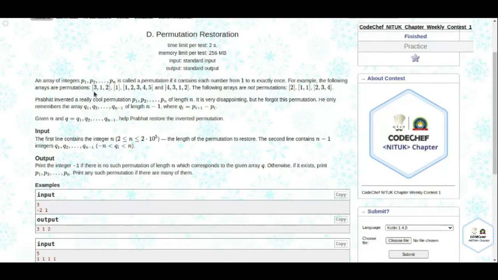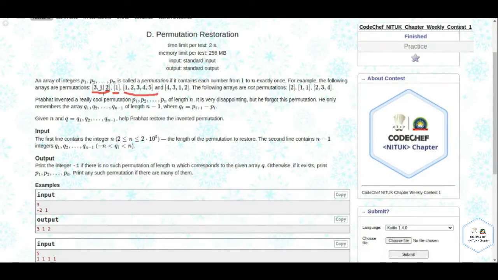So here is 3 1 2. The length of the array is 3, so the numbers should lie between 1 to 3, and here are 1, 2 and 3 which appear exactly once.